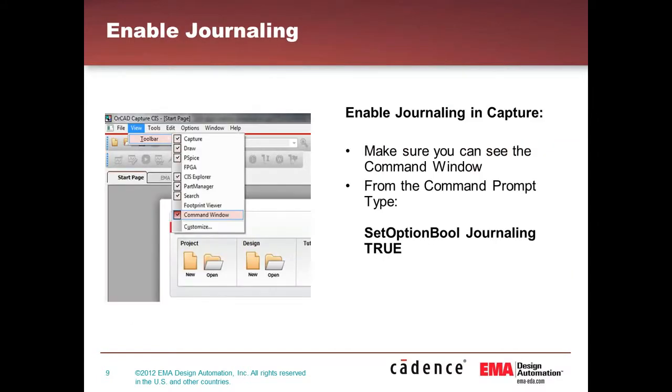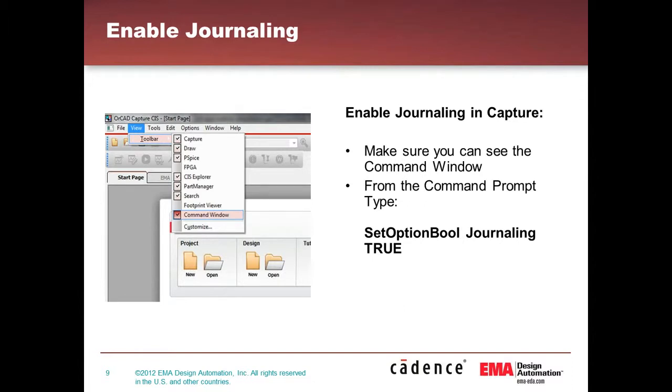In this slide, I just wanted to quickly cover how to enable journaling within the OrCAD Capture tool so that you can go off and start writing scripts when we are done with today's webinar. Upon initially installing Capture 16.5, the ability to journal is disabled within the Capture configuration or capture.ini file, so it is important that we enable this feature before starting.